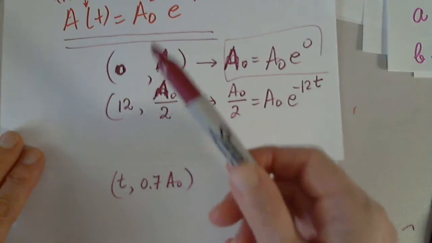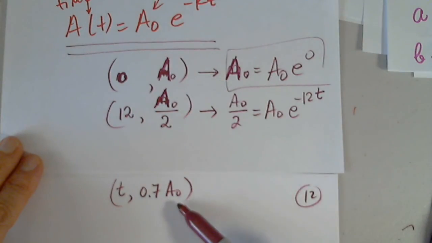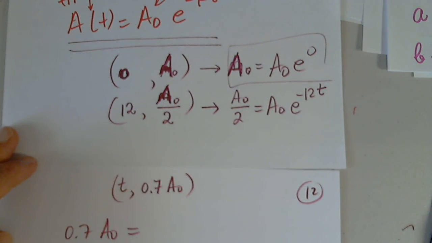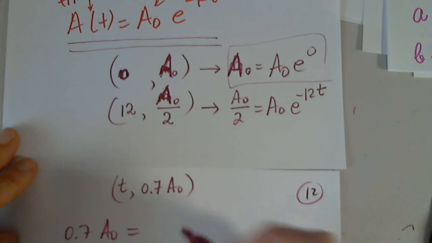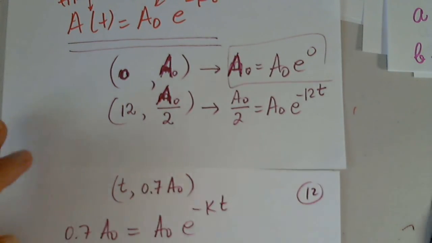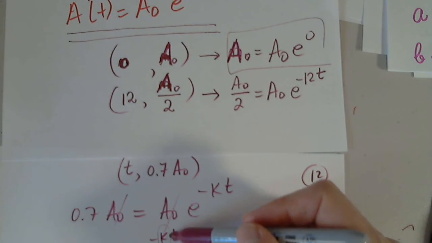So when t is t, then the amount is 0.7 a0. 0.7 a0 equals a0 e to negative kt. I don't have a problem with this because I can divide both sides by it. But I have an unknown here.